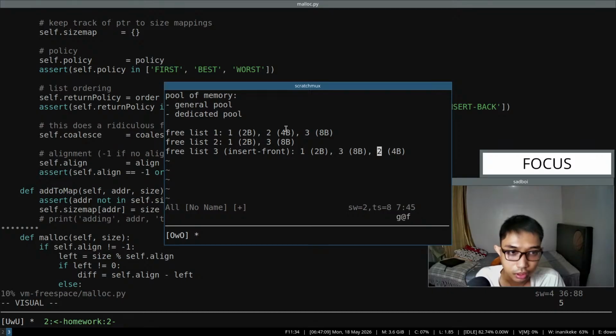So maybe something like this. We haven't used this previously, but we insert it at the front using the insert front policy. And then if it is insert back, maybe we will have this.